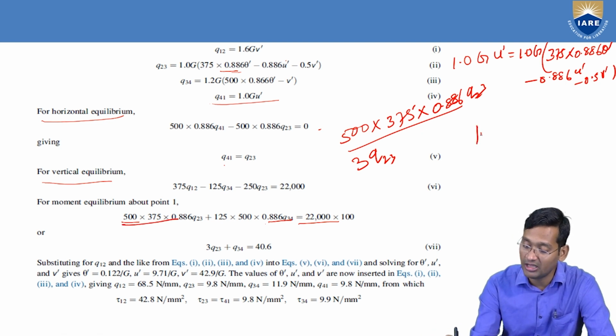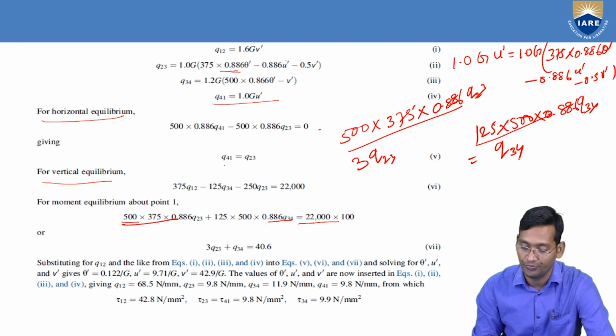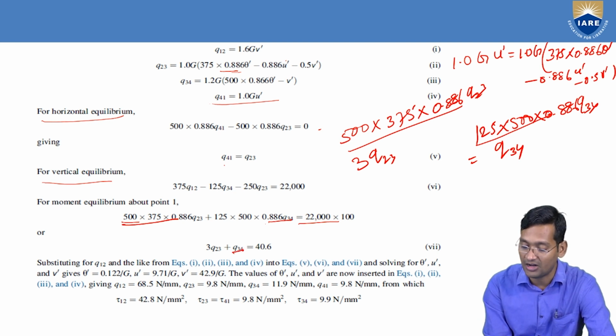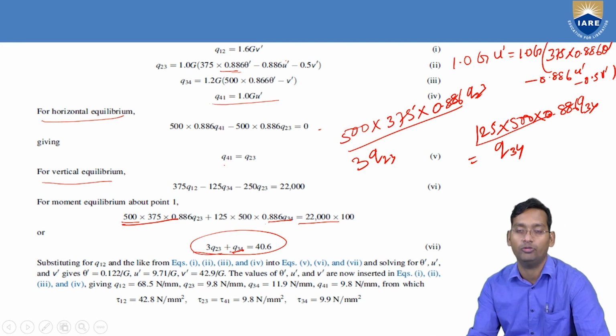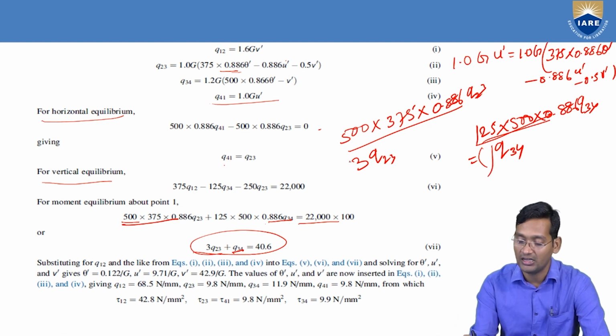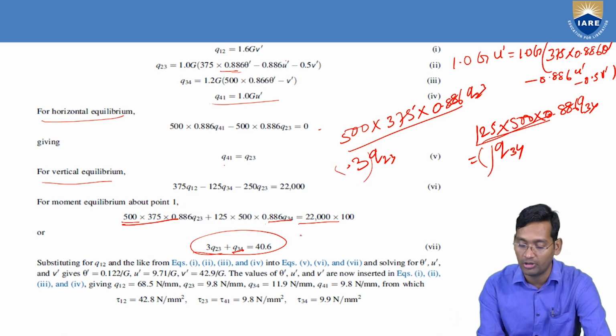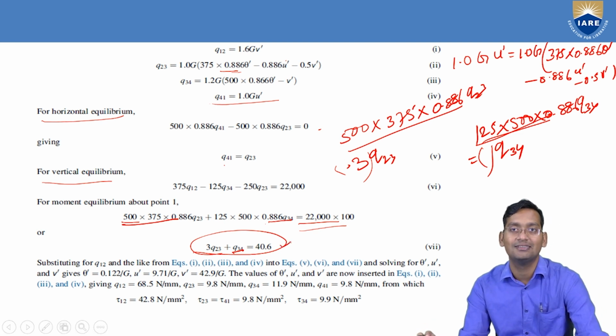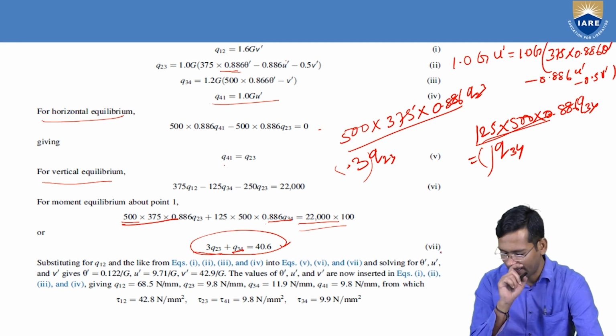Next, if you multiply 125 into 500 into 0.886 Q34, then you will get just 1, so that is Q34, right? So here Q34. Now after multiplying and simplifying, you will get this value. Some coefficient will be constant, and here also 3 into something will be there. Take that common and divide this side. So after that you will get 40.6, right? So now we have 7.